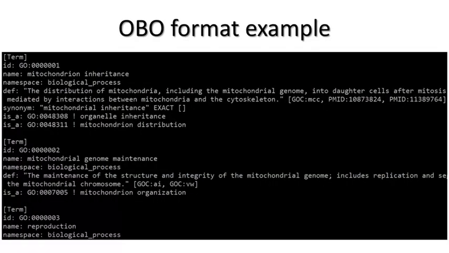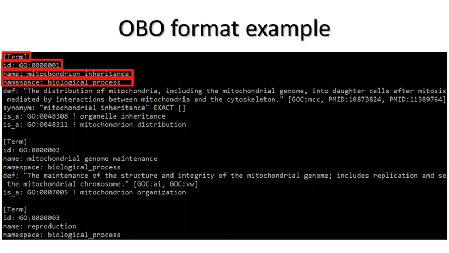Here is a real example of a part of an OBO data file. The first line is Term. The next line describes the unique ID, which is GO:0000001 here. The next line specifies the name of the concept, mitochondrial inheritance.